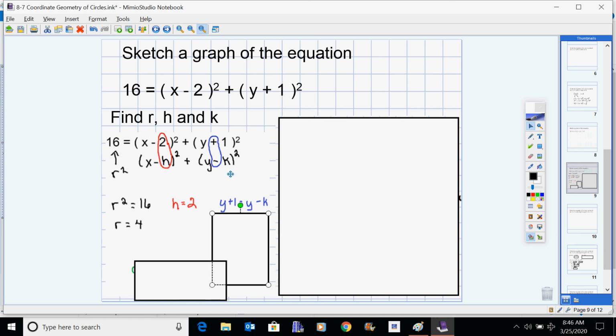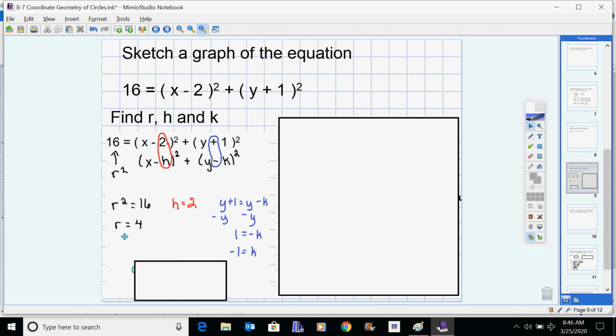Y plus 1 is in the spot where y minus k should be. In this case, I want to solve for k. So if we remove y from both sides, we get the opposite of k equals 1. So k equals negative 1.